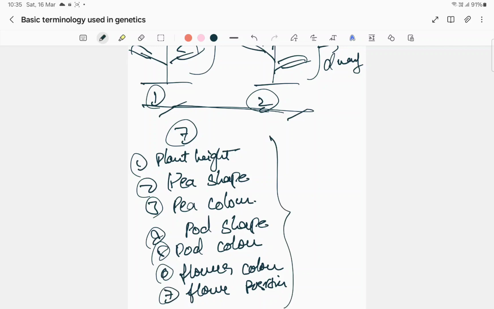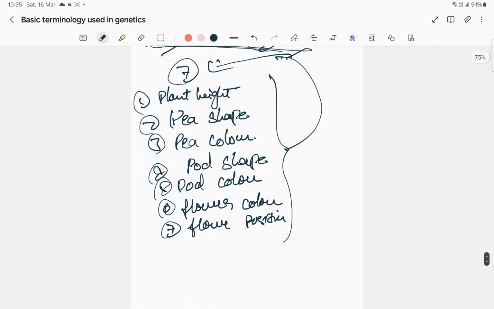These are the 7 contrasting characters taken by Mendel in his experiments.